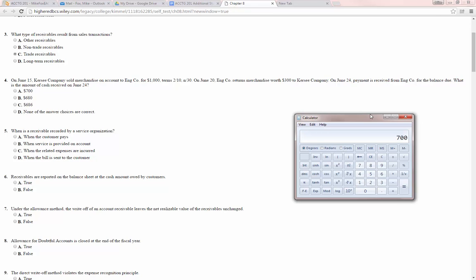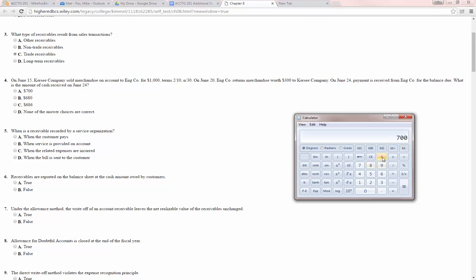You can multiply the amount owed by 2% or 0.02, and that will give you the amount of the discount. And you then subtract that from the total amount owed, which will give you the total amount they have to pay. Or you can multiply the total amount owed by, in this case, 98%, and that will just kind of directly tell me that they had to pay $686.